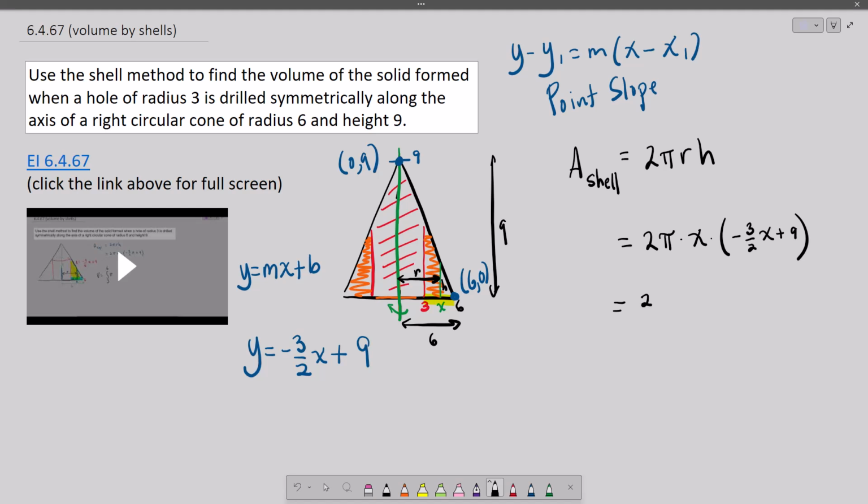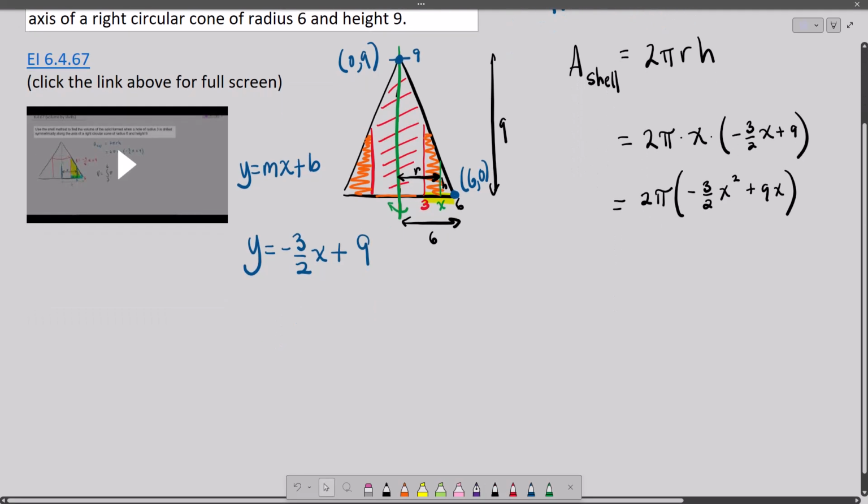So then we can distribute this x. And that is the area of the cylinder at x. And we got a whole bunch of cylinders nested between 3 and 6. So that will reflect our limits of integration. Volume will be the integral. We can factor out the 2 pi.